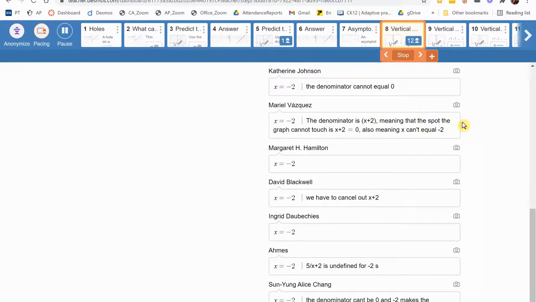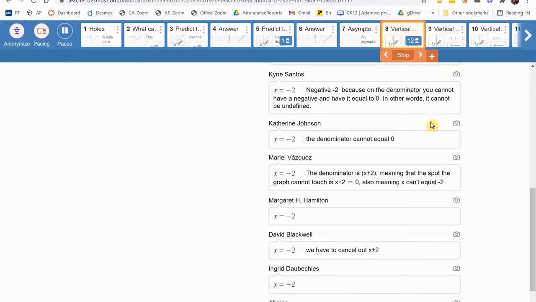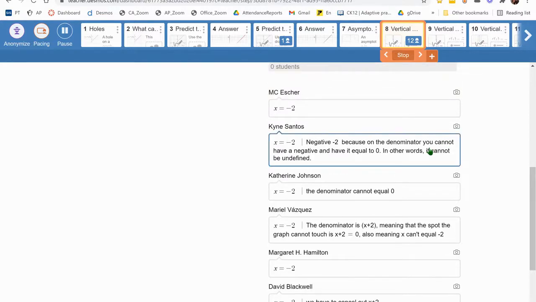Really work on making your responses self-containing and complete. So rather than just saying you can't have a denominator that's undefined and that being your answer, you need to say why that would be undefined, or that the denominator can't equal 0. That's a true statement, but it doesn't actually answer the question of why the asymptote appears here.